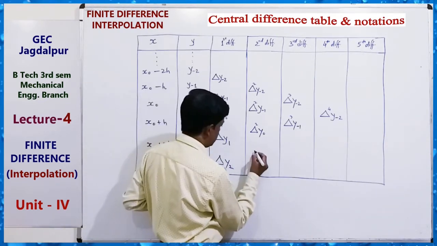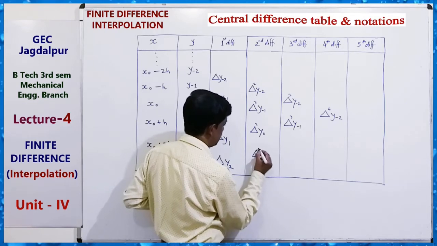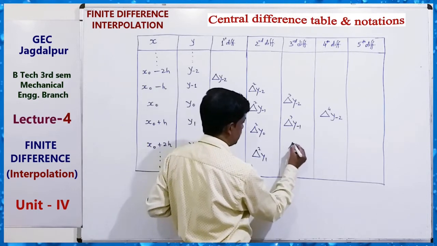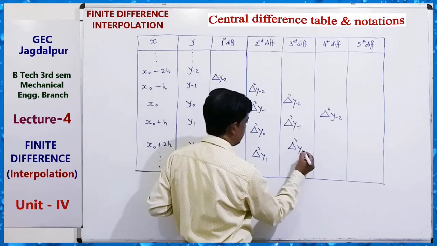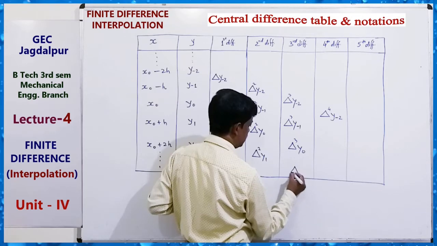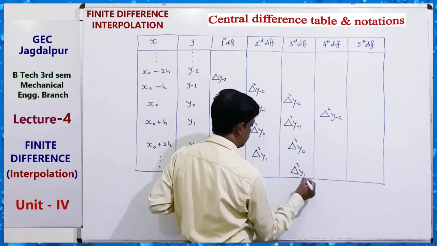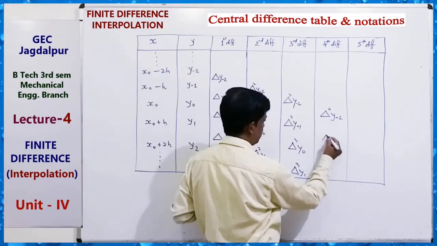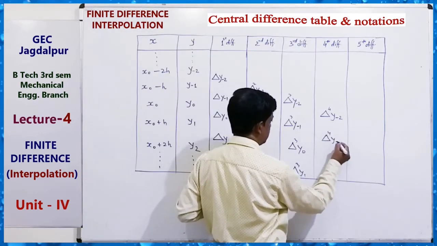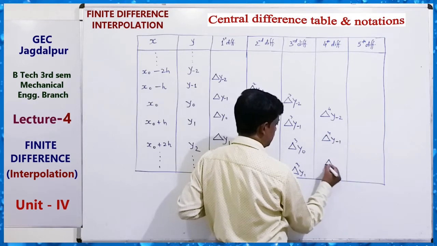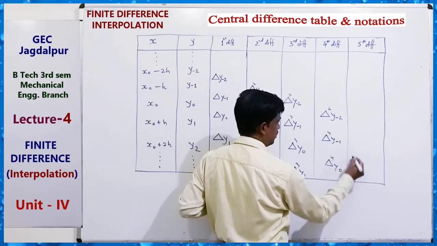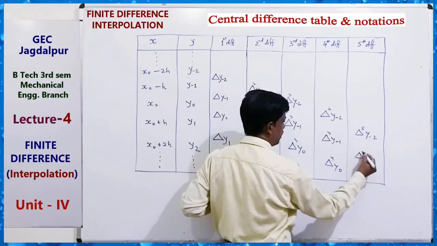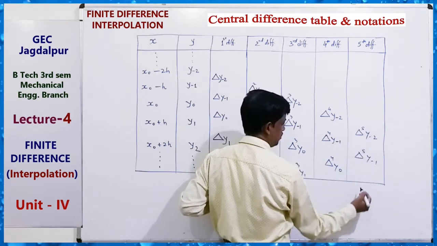Here del squared y 1, del cubed y 0, del cubed y 1, del power 4 y minus 1, del power 4 y 0, and del power 5 y minus 2, del power 5 y minus 1.